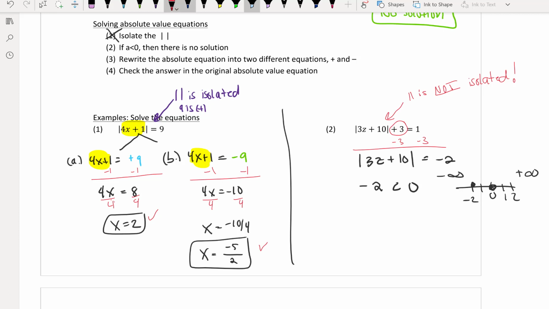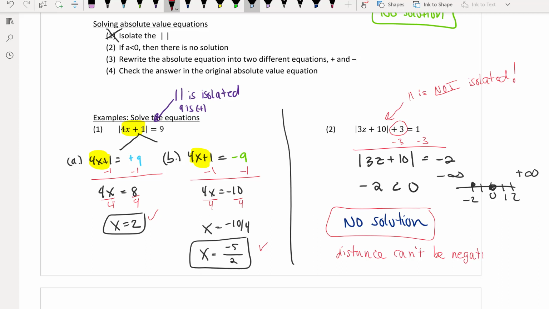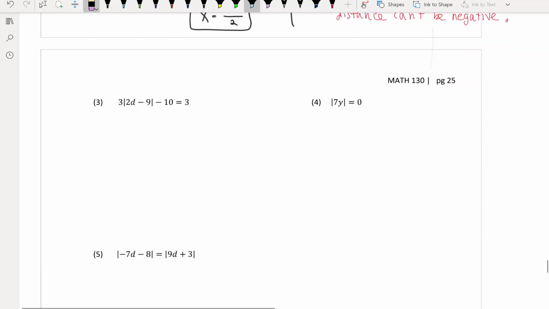So what you're going to say for your answer is no solution. And the reason you say no solution is because distance can't be negative. So whenever you have the absolute value equals a negative number, you cancel it. Okay, so that was awesome. We only had to do 2 steps to figure that answer out.